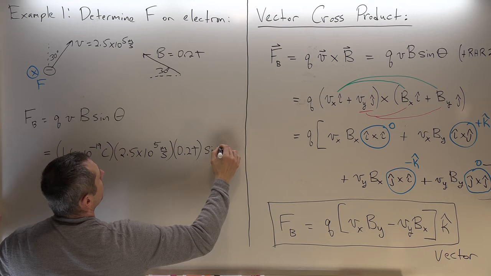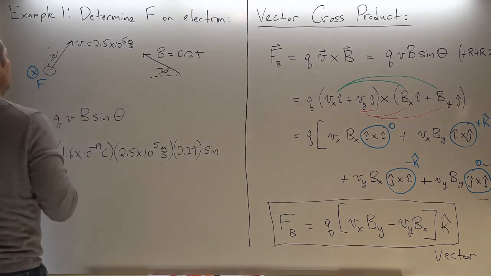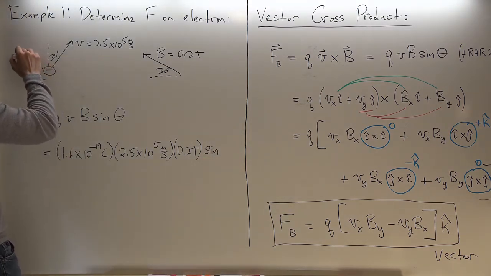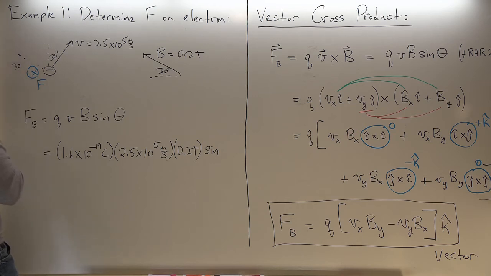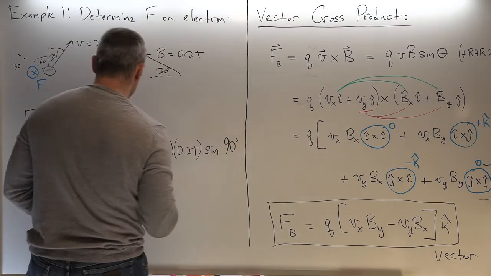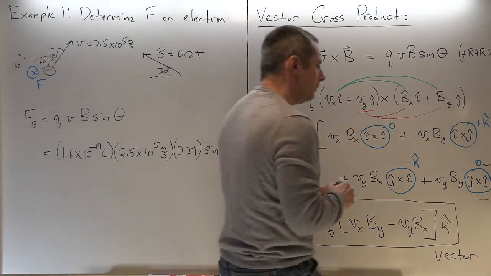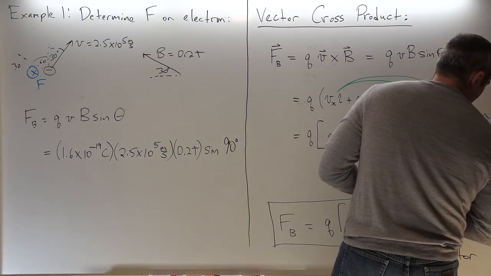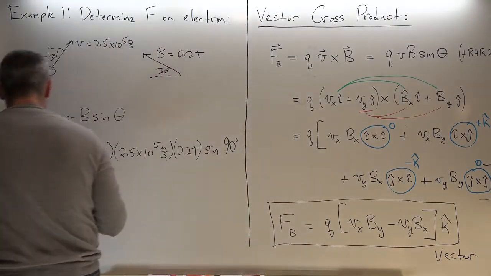And the angle, well, if you look at this, if I were to go like this, 30 degrees here, then this is 60 from here to here, that's 30. So actually the angle between the magnetic field and the velocity is 90 degrees, so sine just comes out to 1. If we multiply that out, we get 8 times 10 to the minus 15 newtons.